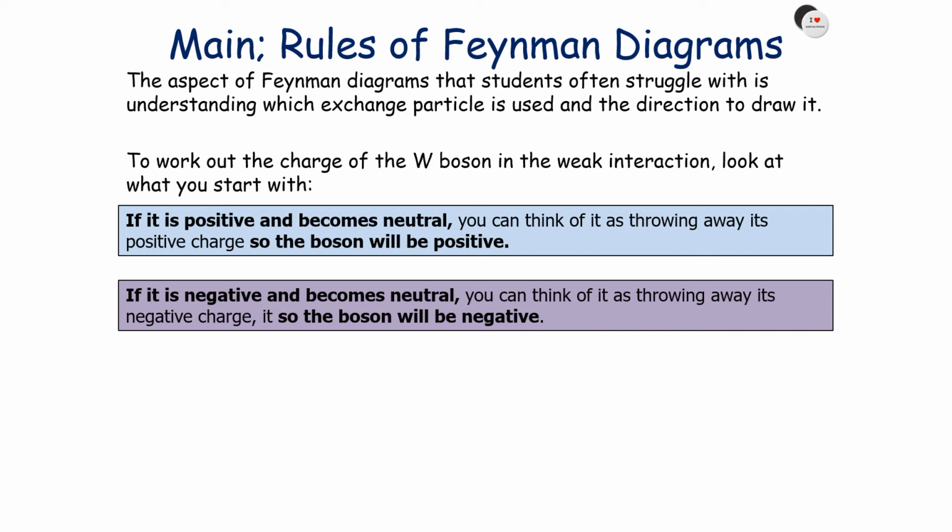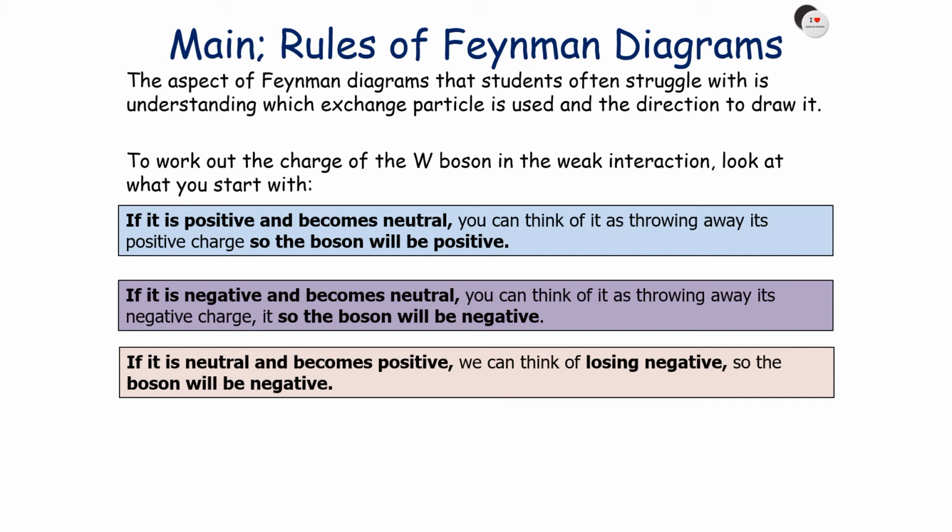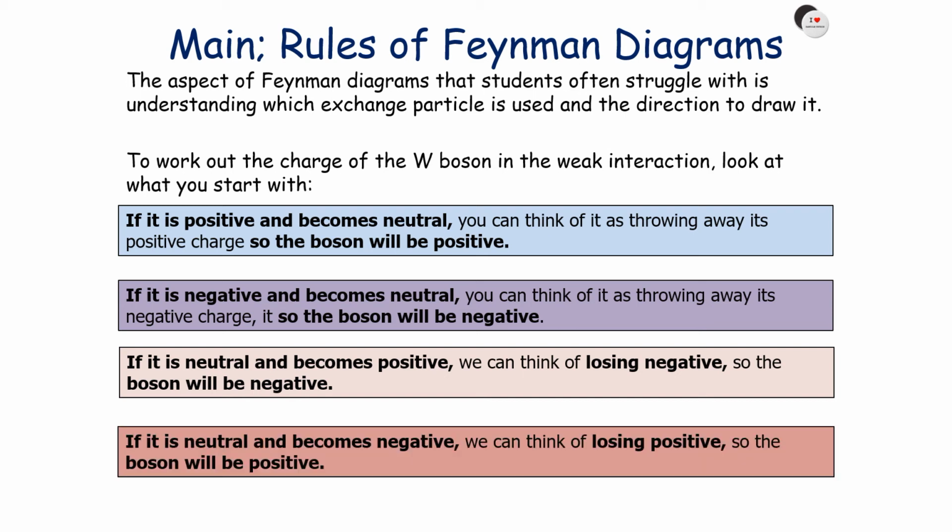So the boson would be negative, it will be the W-. If the baryon is neutral and becomes positive, we can think of it as losing a negative. So the boson is negative, it's a W-. And finally, if it's neutral and becomes negative, we can think of the baryon as losing a positive charge. So the W boson will be positive, it'll be a W+.